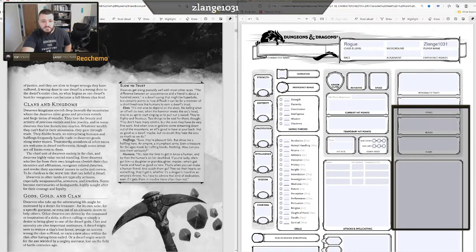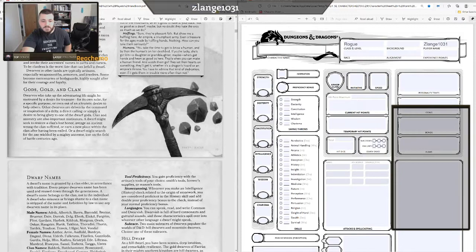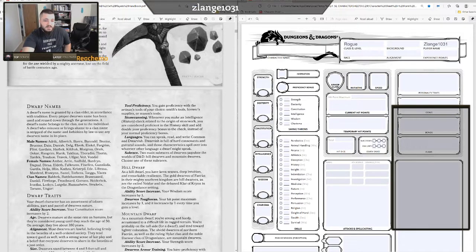If we scroll down, we get clans and kingdoms, dwarf names. Male names: Adric, Alberich, Bairn, Berend, Broltor, stuff like that. Female names: Amber, Arten, Aldild. You have last names, or clan names, because dwarves go by clans. And you can go from there.